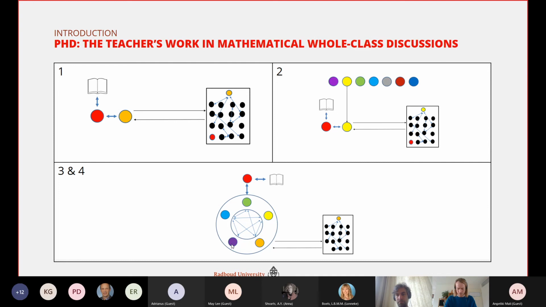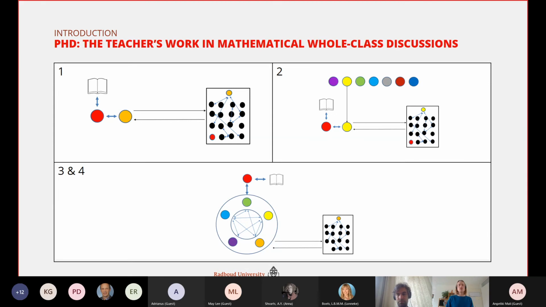So a big part of the meetings were video-based discussions in which we reflected on their own videos of whole class discussions. The main goals of this teacher-researcher collaboration were developing better whole class discussions throughout the year, and developing some guidelines for teachers who want to learn how to orchestrate and develop and prepare whole class discussions.